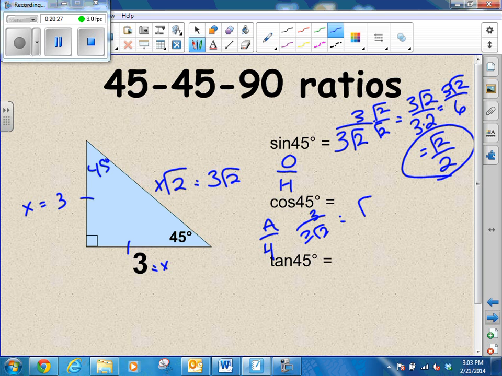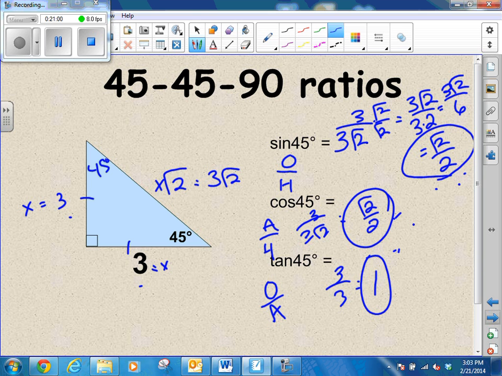So it's going to be the same thing. 45 degrees is really nice that way. I'll tell you right now, no matter what those side lengths are, this is what it reduces down to. I could put 1,000 for those side lengths, and it will reduce down to radical 2 over 2. Tangent, TOA, well, that's easy. That's 3 over 3. That's 1.